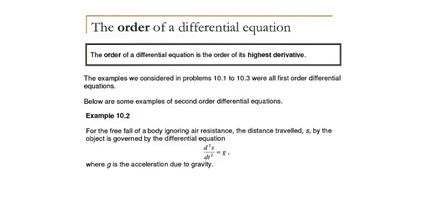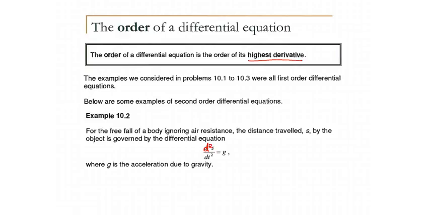The order of a differential equation is the highest derivative. So when I refer to the order of my differential equation, I look for the highest derivative term. So that's basically going to be for the d, and then we notice that for the d on top we're going to get a little number.